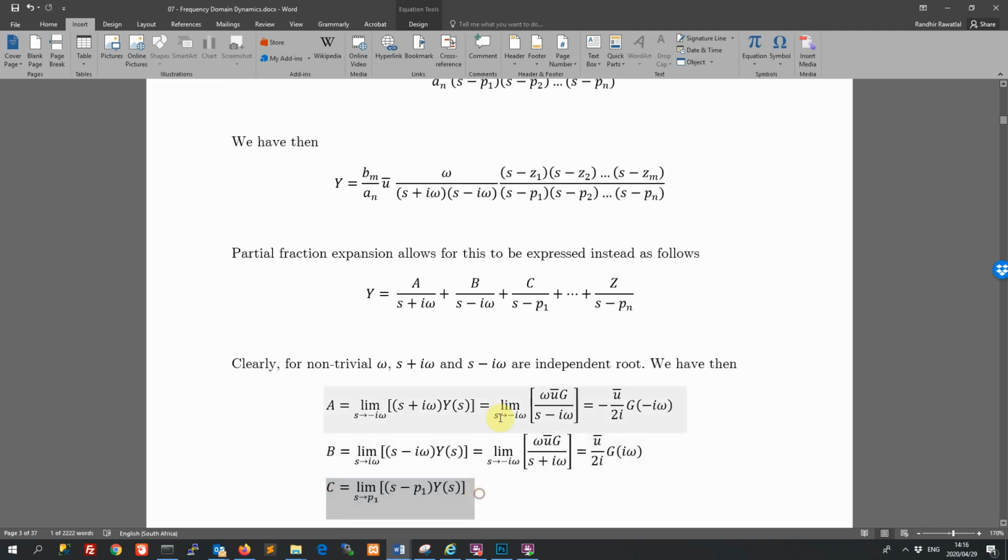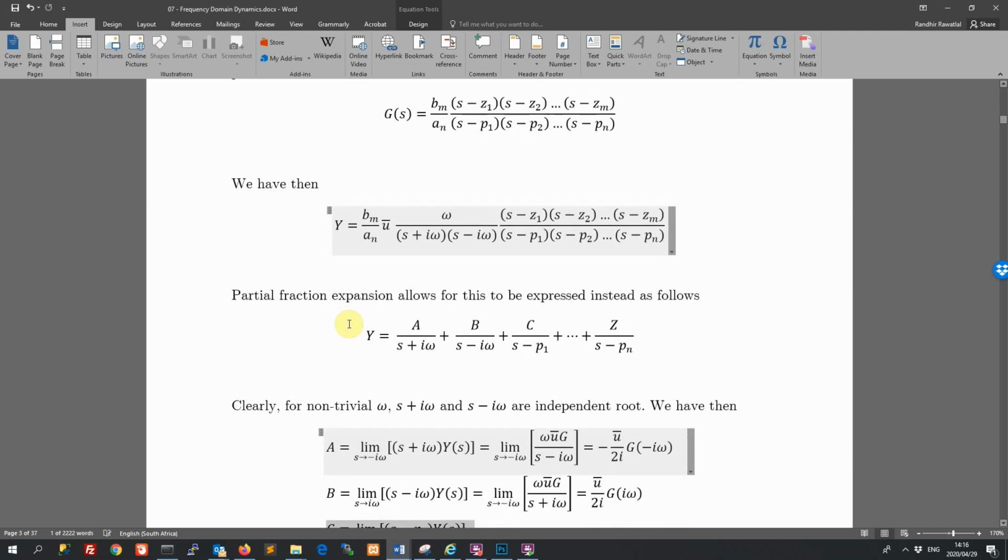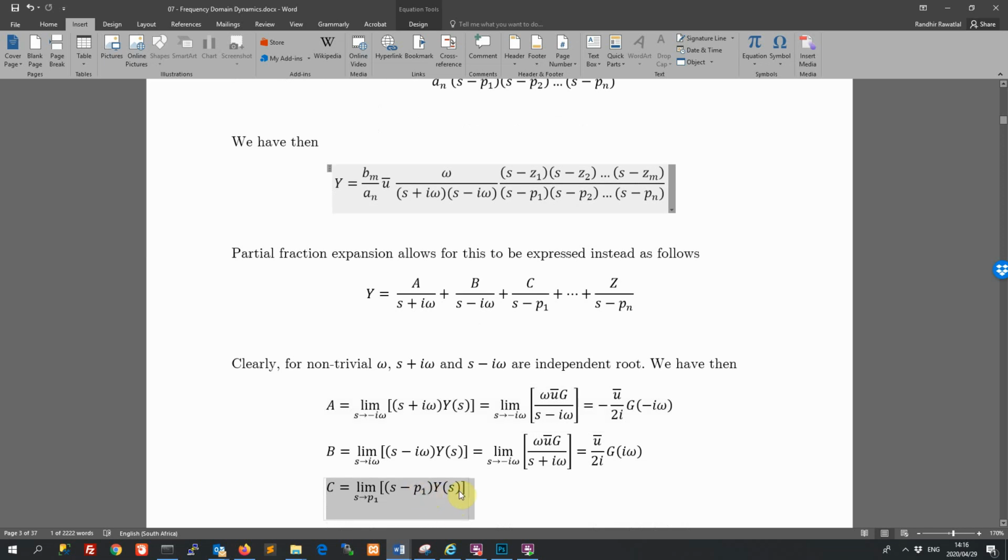Then for C, again, we would multiply by s minus P1. So we'll write here s minus P1 for y. When we multiply that through, we can see that s minus P will survive in all these other terms.